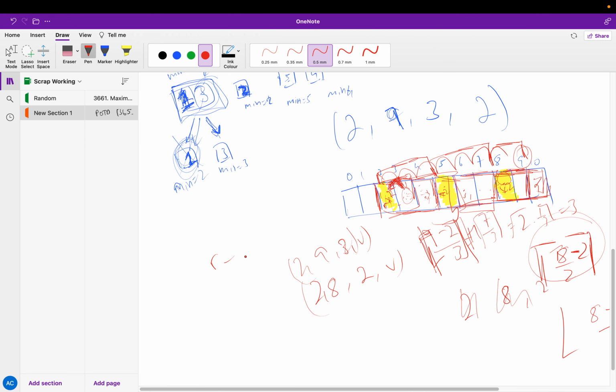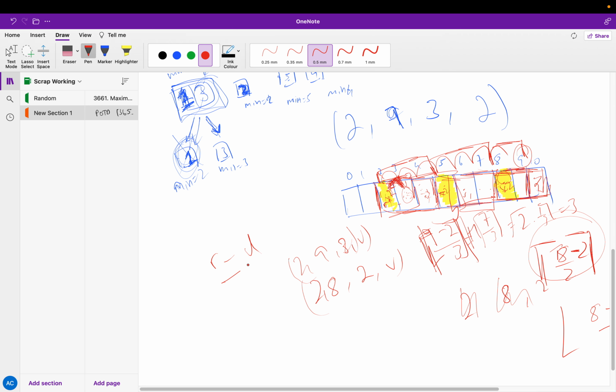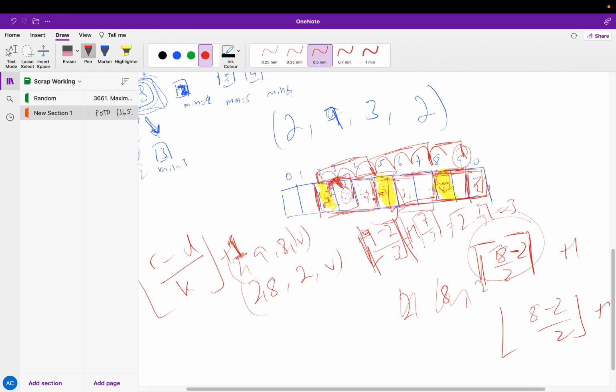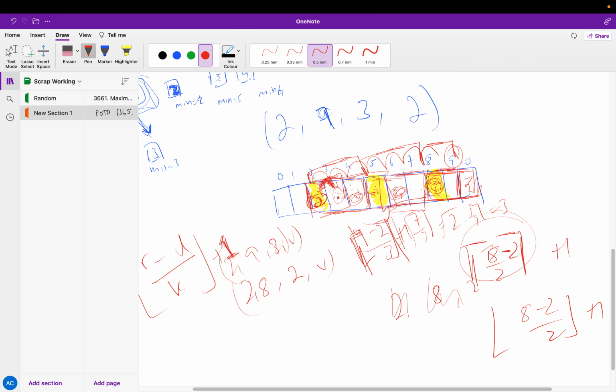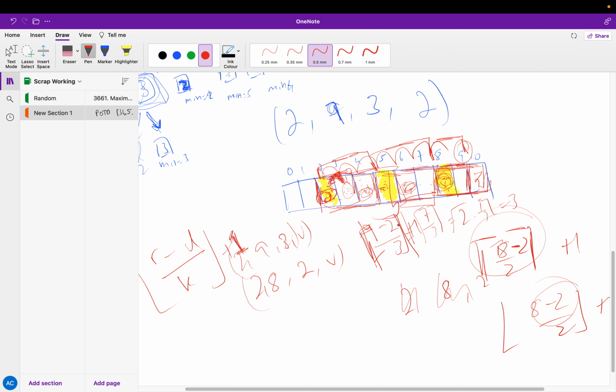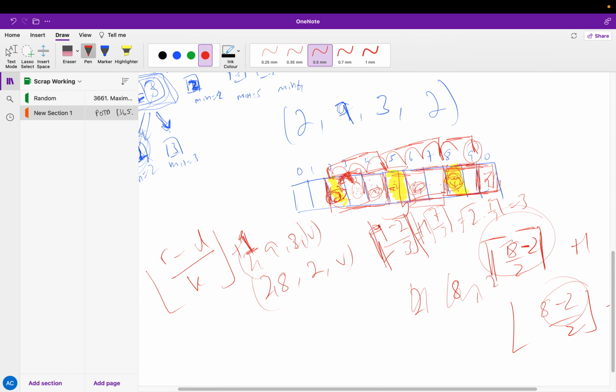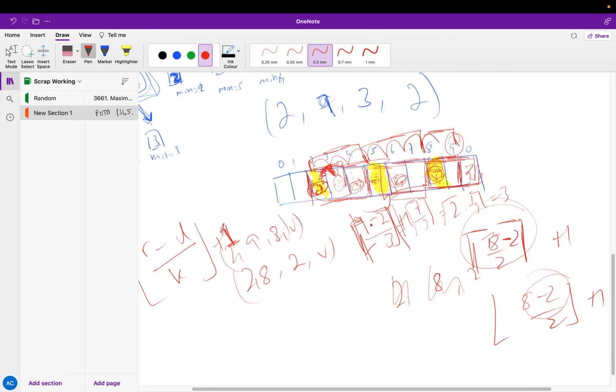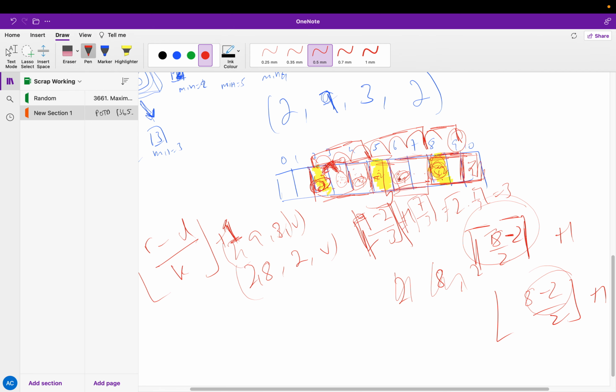Okay. R minus L divided by the increment, and I think you should add 1 at the end to count the extra. I'm pretty sure this is right because 2, 4, 6, 8 should give me 4 elements. But this formula by itself would give me 3, regardless if I floor or ceiling, because 6 divided by 2 is 3, so I need to add 1 to count that final guy.